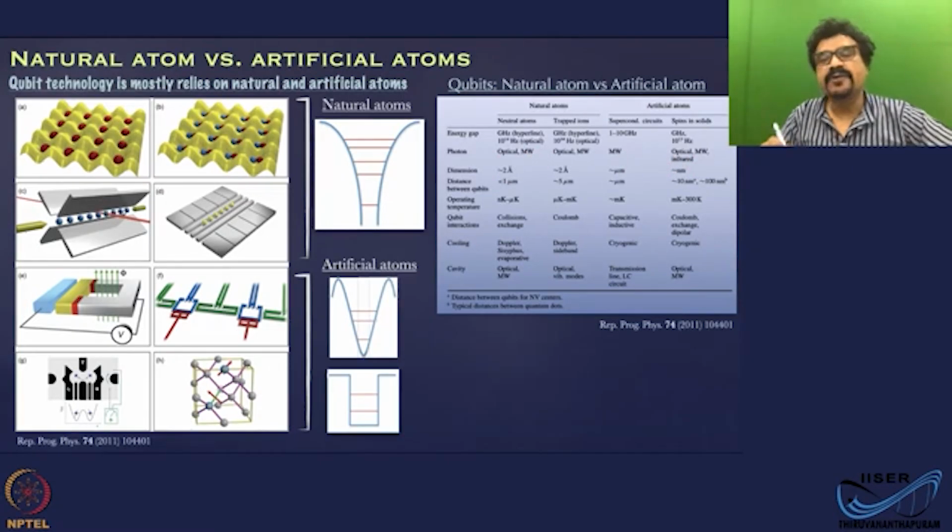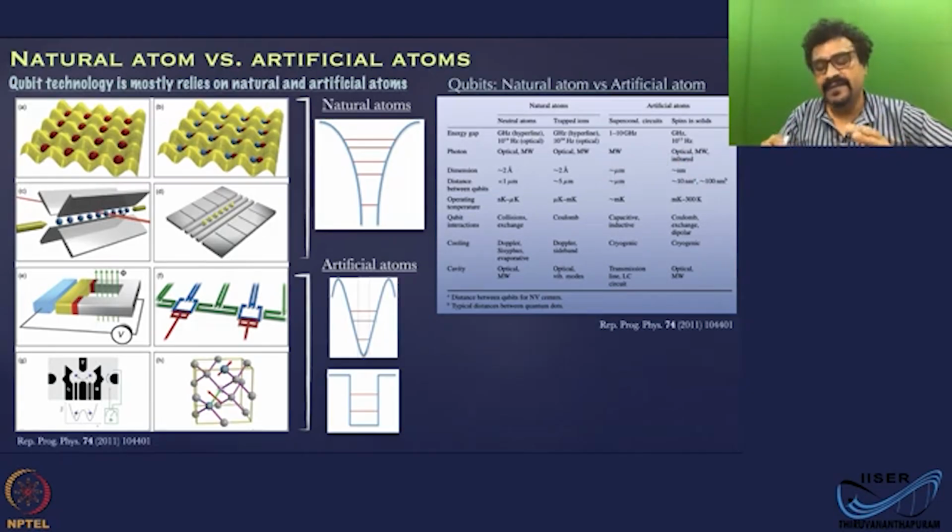And the dimensions for these ultracold atoms, or natural atoms, are the ones shown here. And ions are also pretty small. These are atomic dimensions, whereas the superconducting circuits are much larger, and semiconducting circuits are also large but smaller than the superconducting circuits.